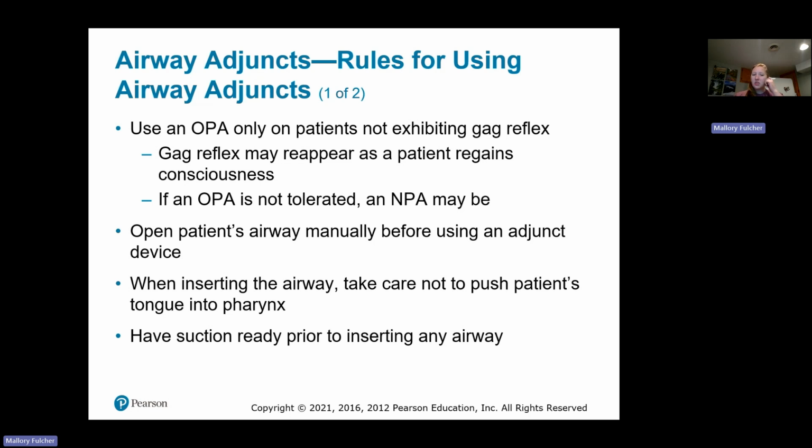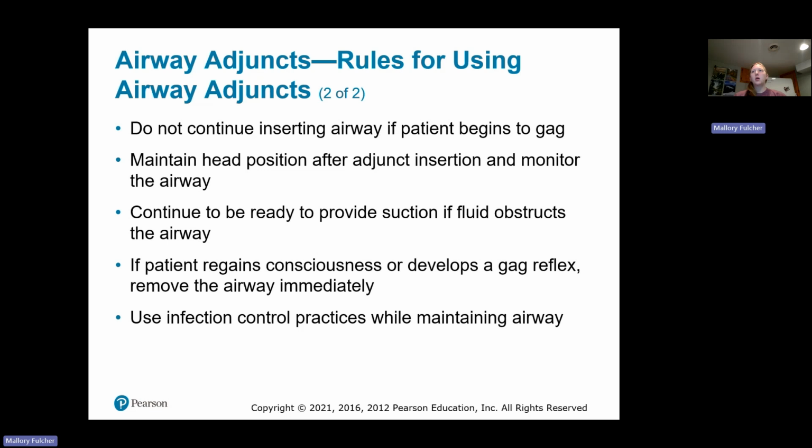And we should probably be suctioning a little bit prior to the insertion of the airway. If we start to insert the airway and the patient begins to gag, we want to stop what we're doing, maintain that head position, and we'll probably need to suction a little bit. Probably go to or consider doing the NPA.